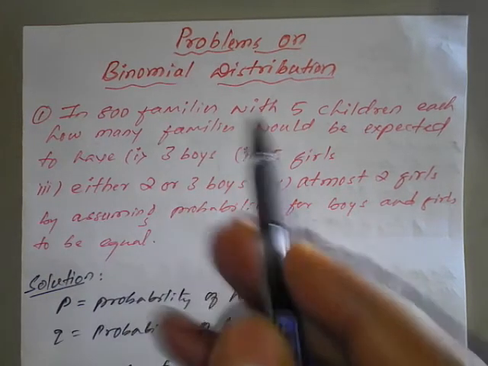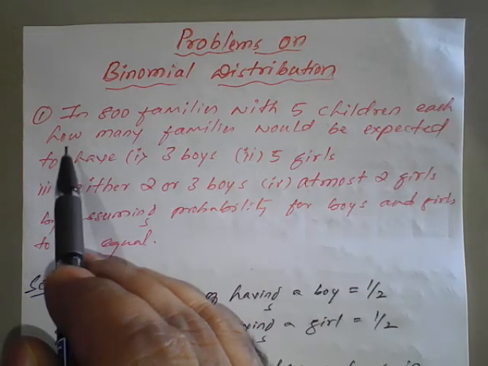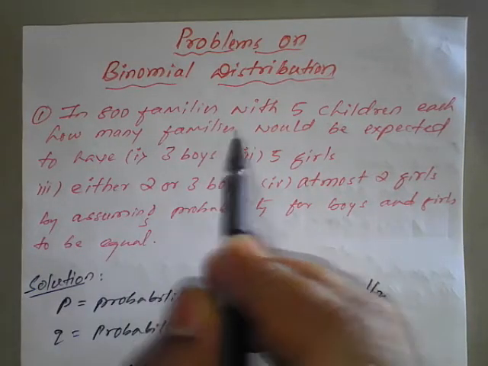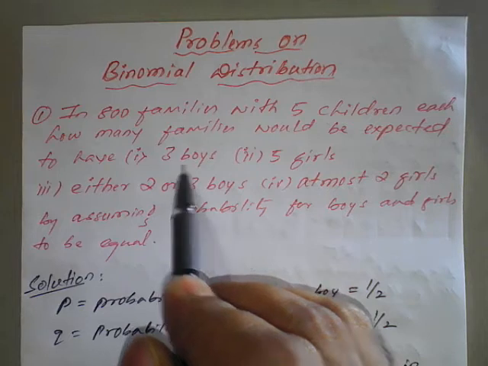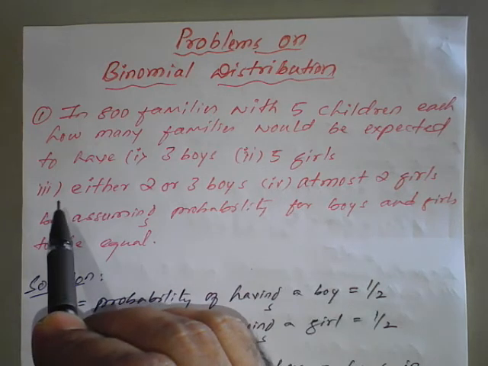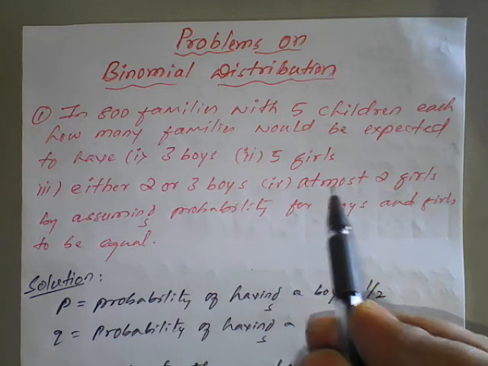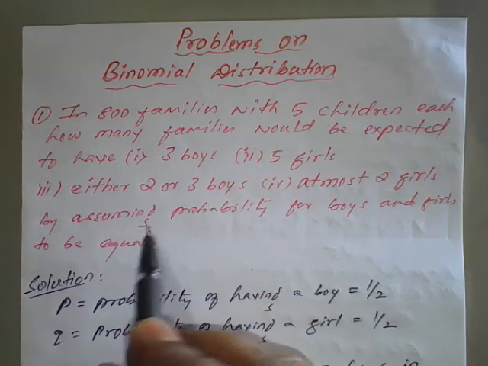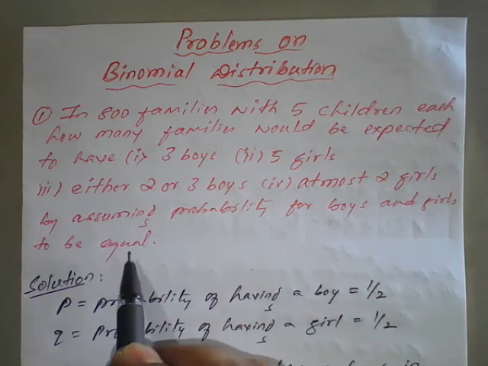In 800 families with 5 children each, how many families would be expected to have: first, 3 boys; second, 5 girls; third, either 2 or 3 boys; fourth, at most 2 girls, by assuming the probability for boys and girls to be equal.